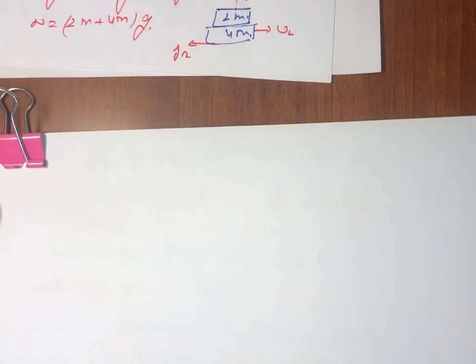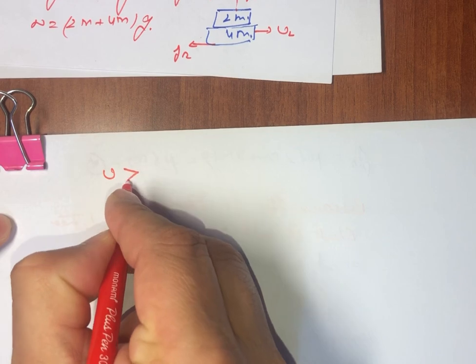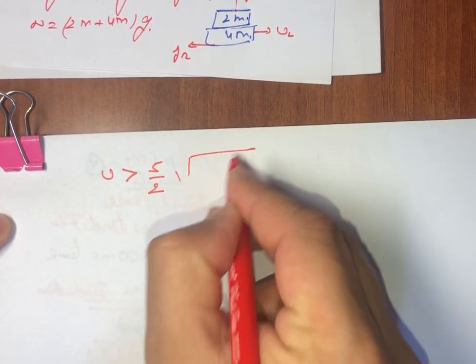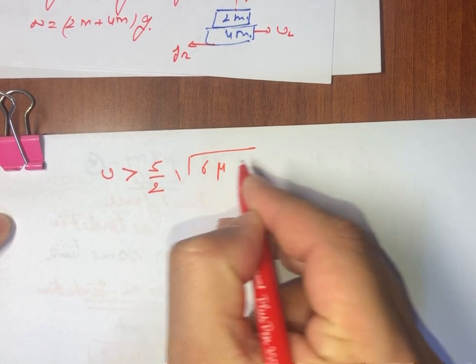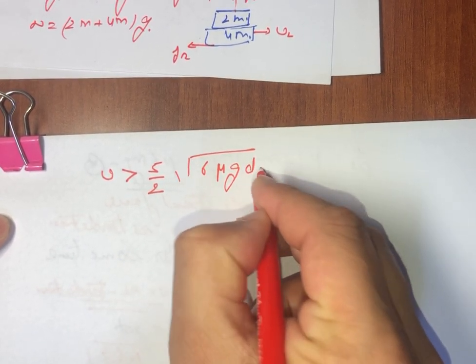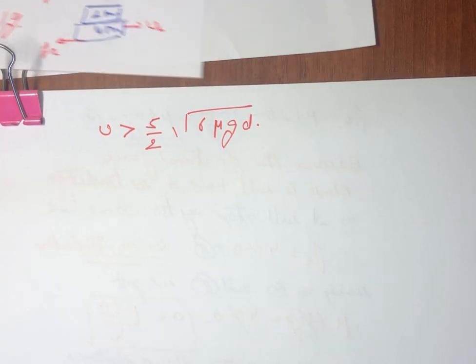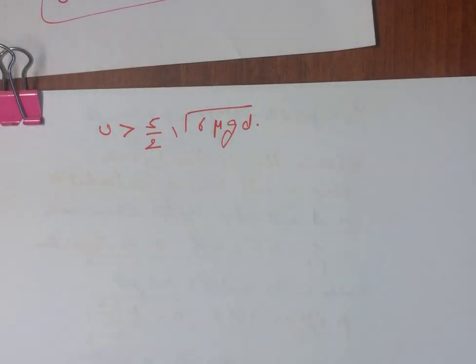To further solve it, from here we can say that v is greater than 5 by 2 square root of 6 mu g d, and we are supposed to find the minimum value of v.